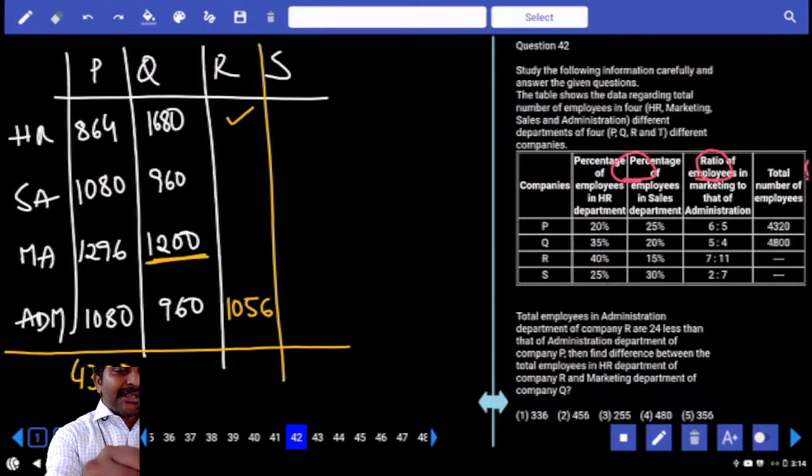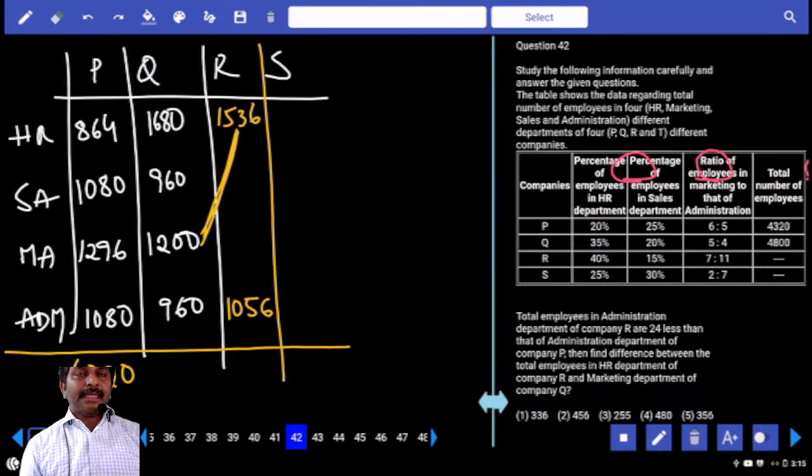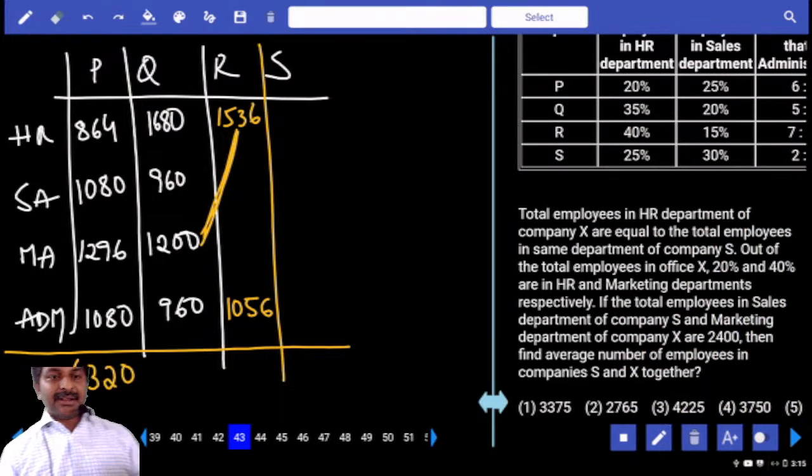So the tick mark place is 1536. Our question is to identify the difference between these two numbers, HR employees in company R and marketing in company Q. 336. Even this data is also only for this particular question.